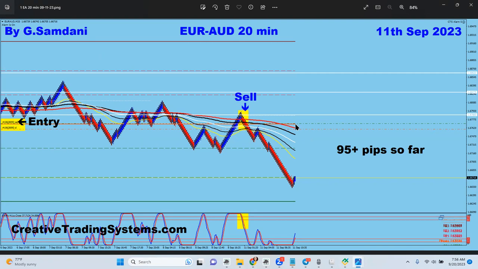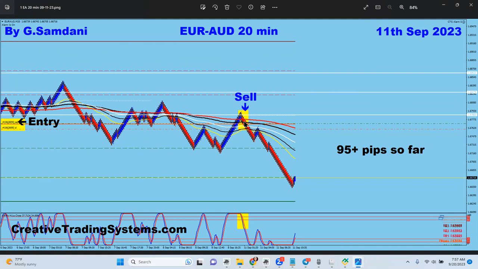I open the trade right here and place my SL on top of that high. That is always 25 pip. If the price goes back and hits my SL, I let it hit and I lose 25 pip. But if price goes down a little bit in my favor, I move my SL accordingly: 10 pip, then 15 pip, 10 pip, 5 pip, and break even.